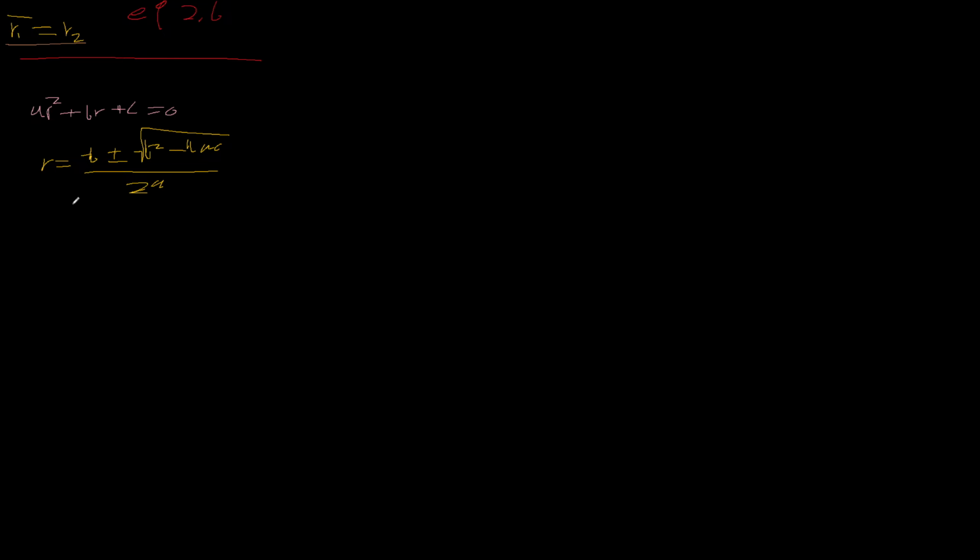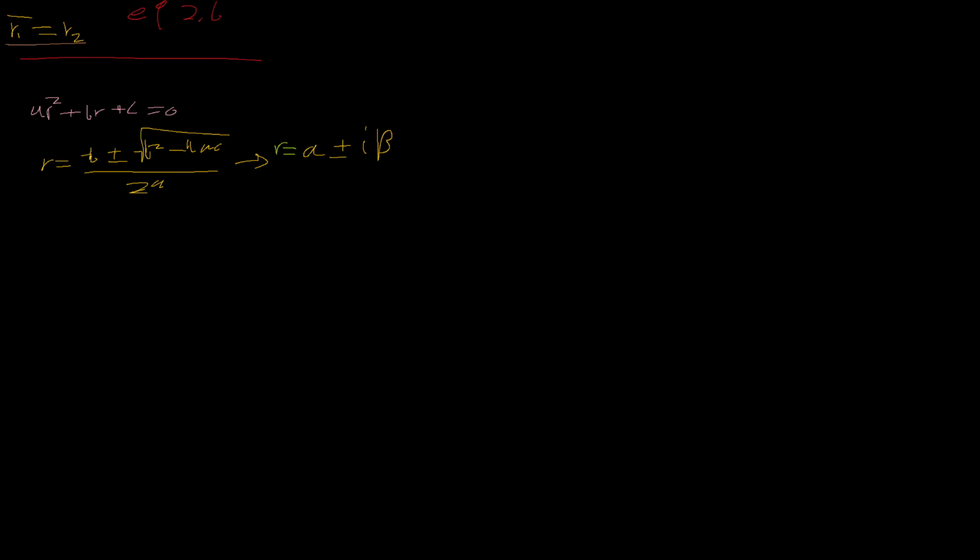What do we get? This is going to give us something like x plus or minus i y. And maybe actually I'm going to avoid x and y, so alpha plus or minus i beta. Okay, so this is r.